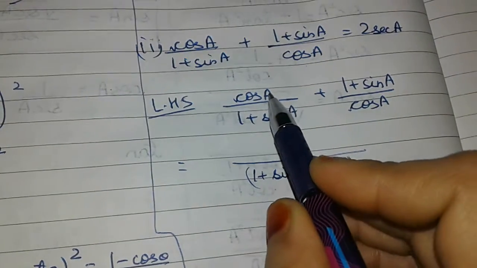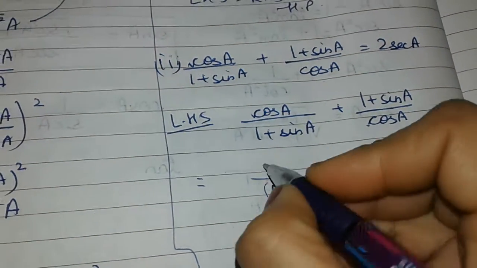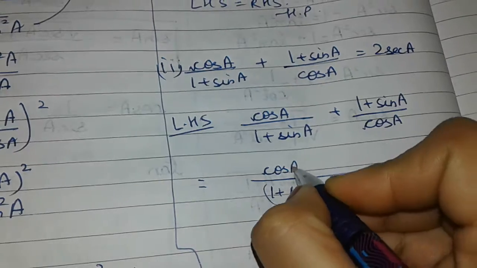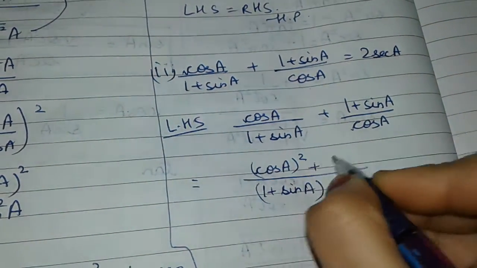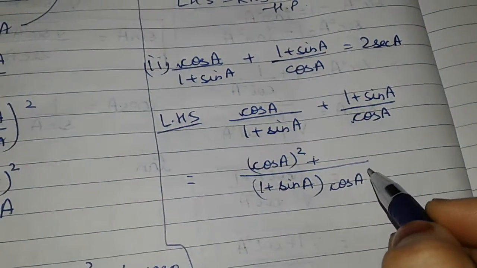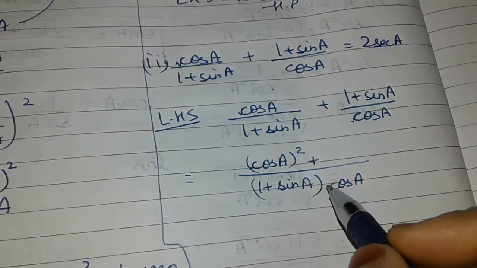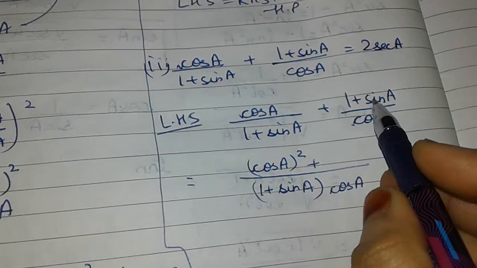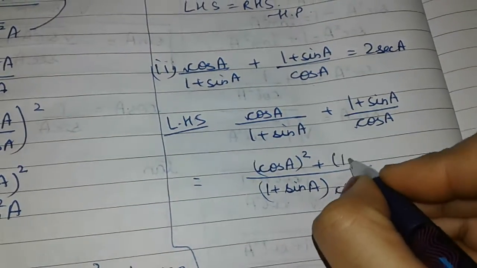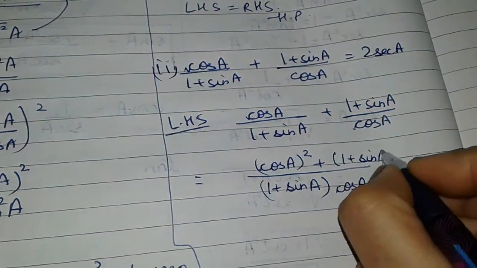and here it will remain cos A. This cos A will be multiplied to this cos A, and the answer will be cos A whole square plus, this cos A will be cancelled out with this cos A, and remain will be 1 plus sin A. This 1 plus sin A will be multiplied to this 1 plus sin A, and the answer will be 1 plus sin A whole square.